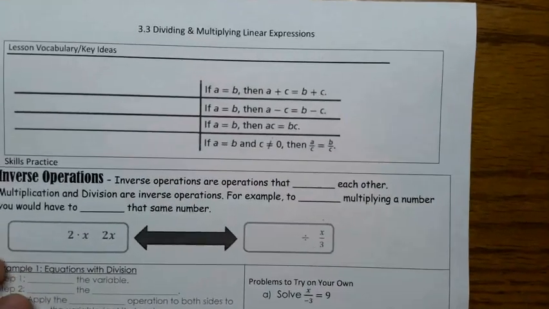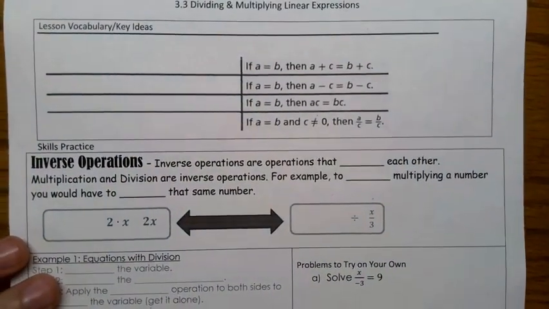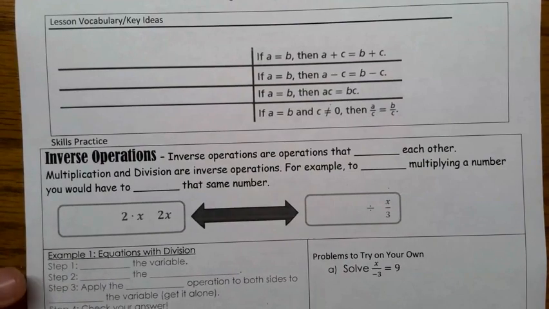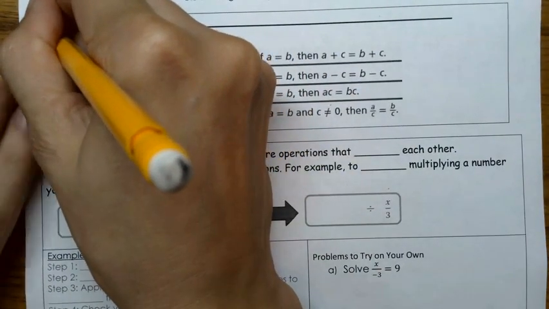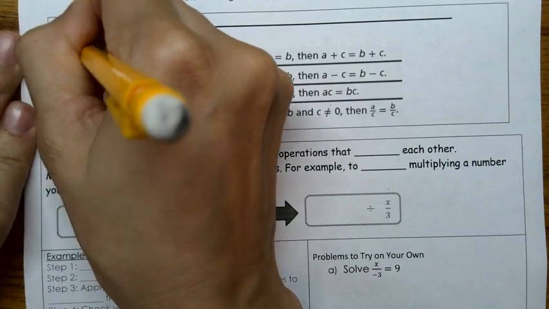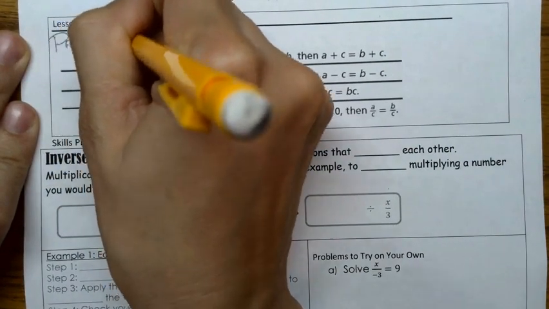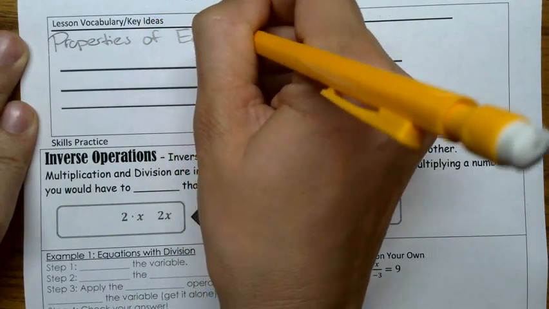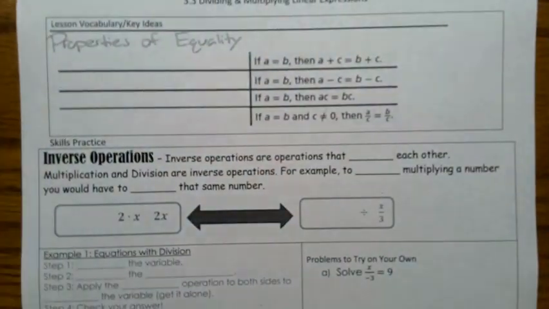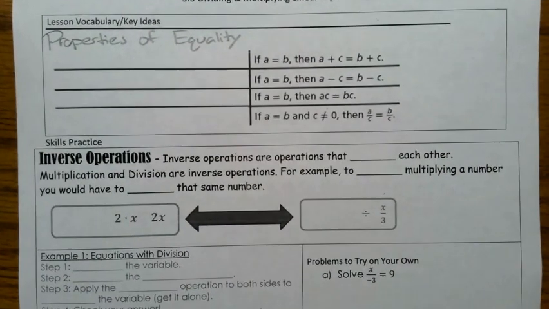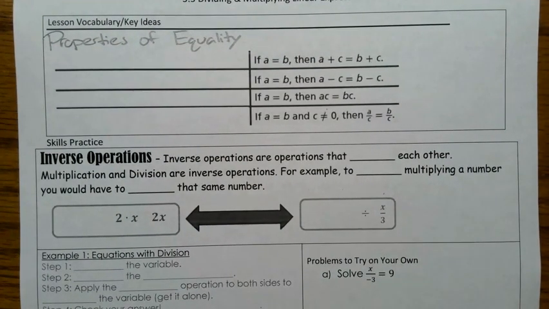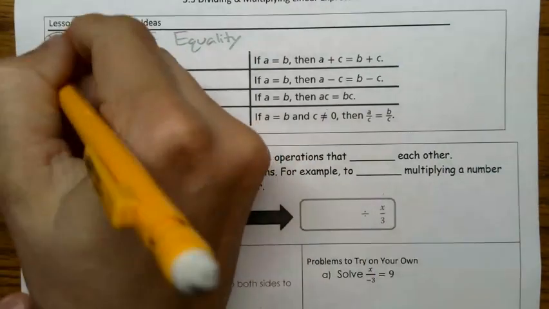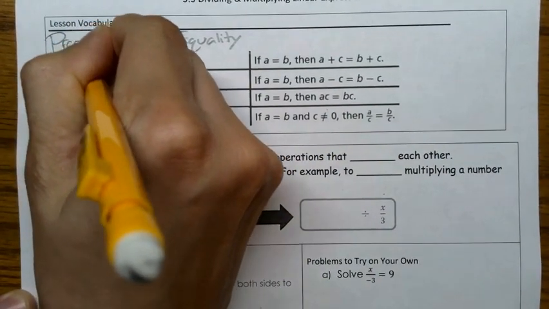So up at the top here, these are some general ideas or key ideas we need to cover. And these are what we call properties of equality. And they're like rules or the theories behind why we can solve equations the way we can. That first one is called the addition property of equality.